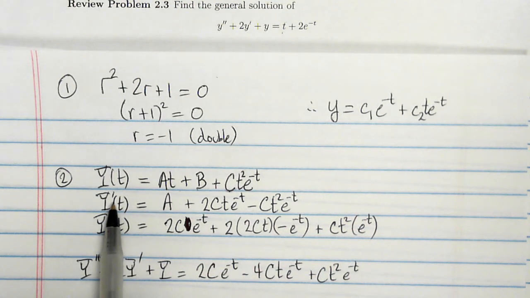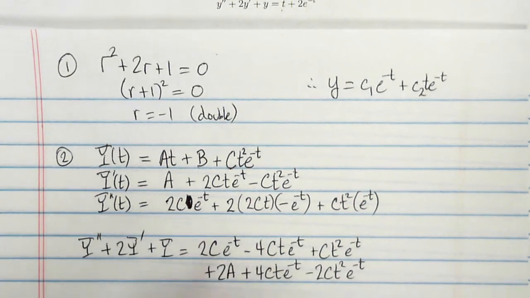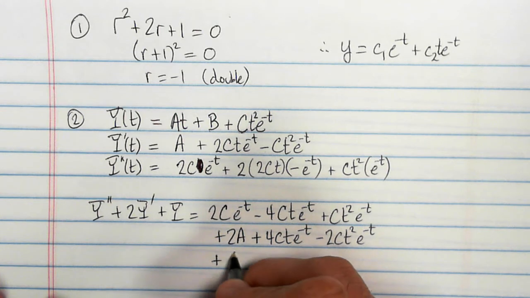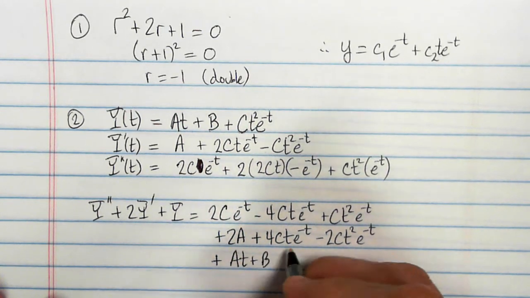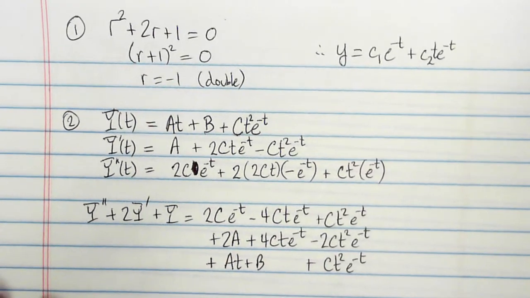Then I add 2 times the derivative, plus 2a, plus 2 times the derivative. We get 4ct e^(-t) - 2ct^2 e^(-t), and then add on the original function. So at + b + ct^2 e^(-t).